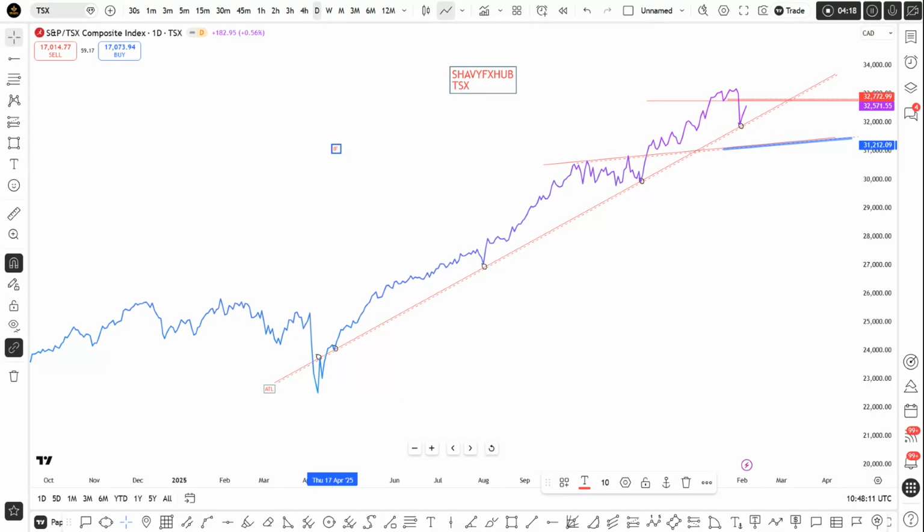If price approaches 3277.99 into 3257.55 on 15 minutes, look for sell structure.